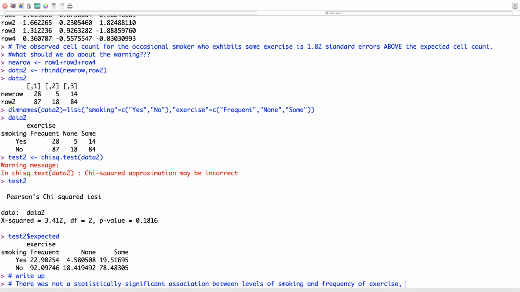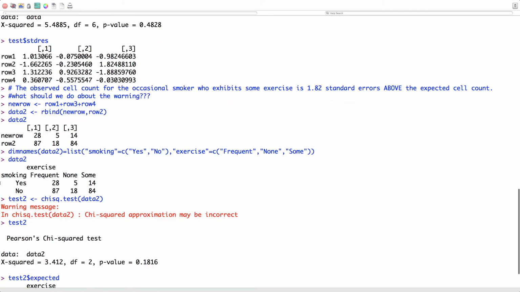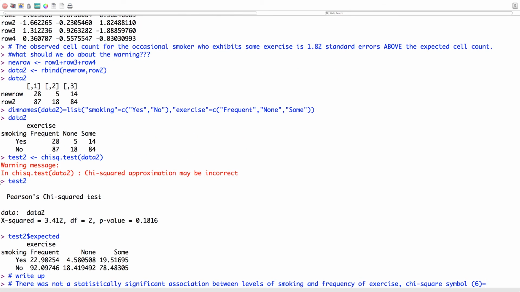So I would come in with the chi-squared symbol. Degrees of freedom were 6. The chi-squared statistic was 5.49. And our p-value was greater than 0.05.